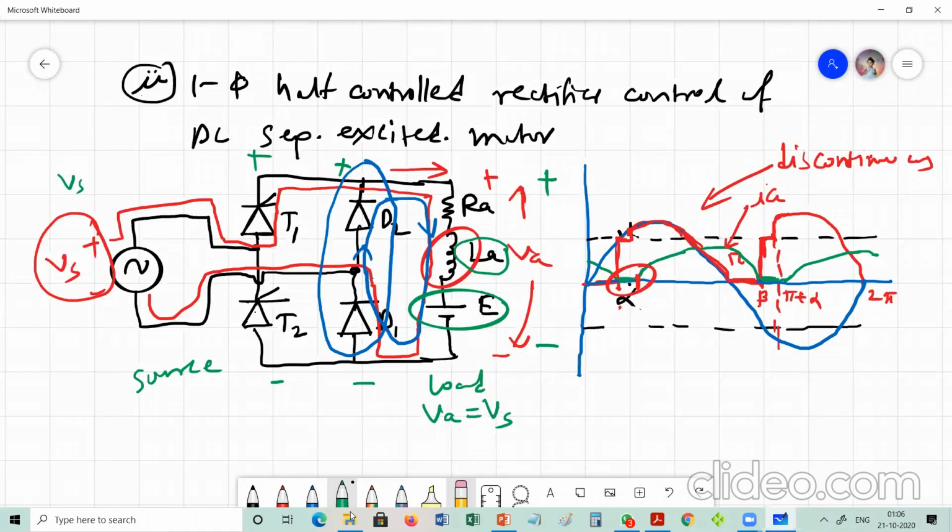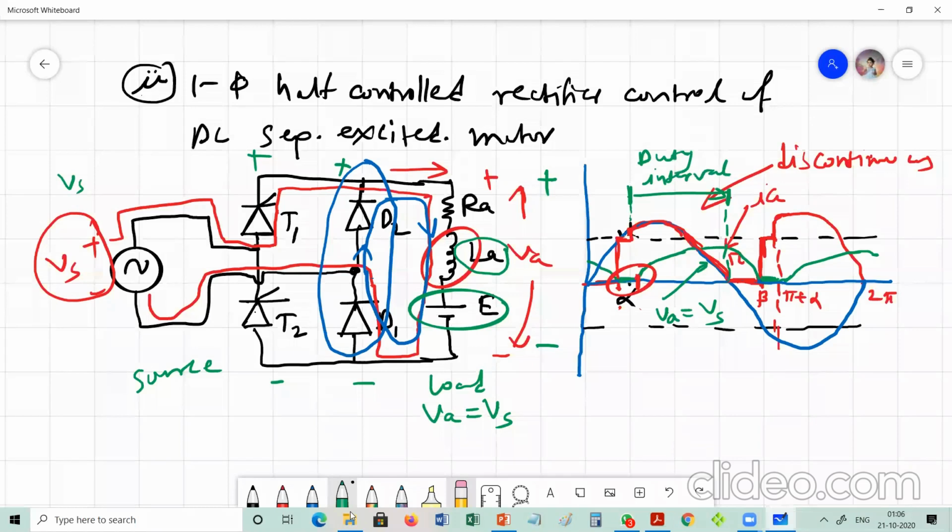For this interval the voltage waveform Va is the same as the source voltage Vs, so this interval is known as the duty interval.